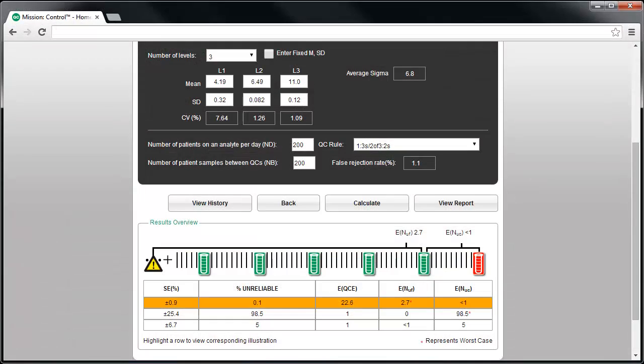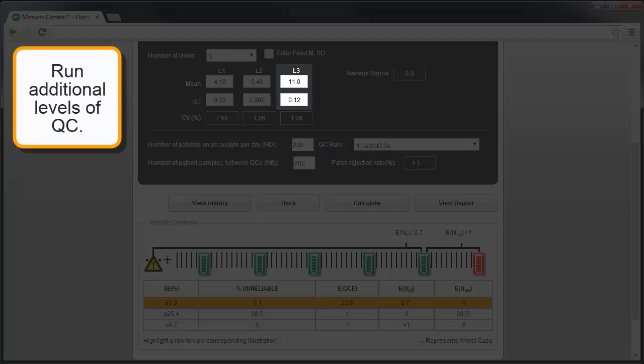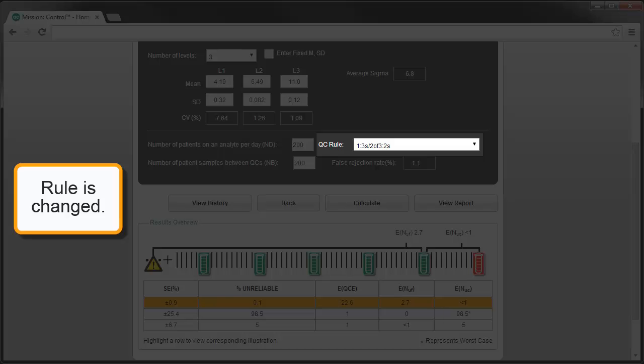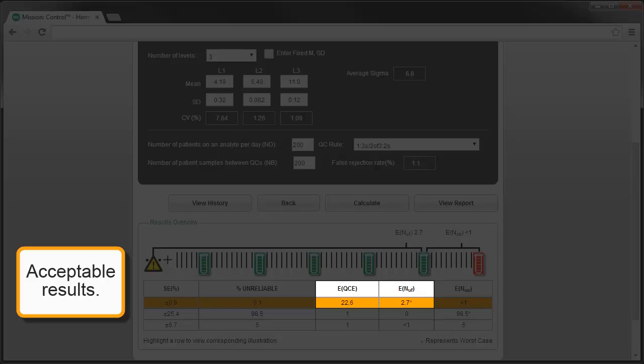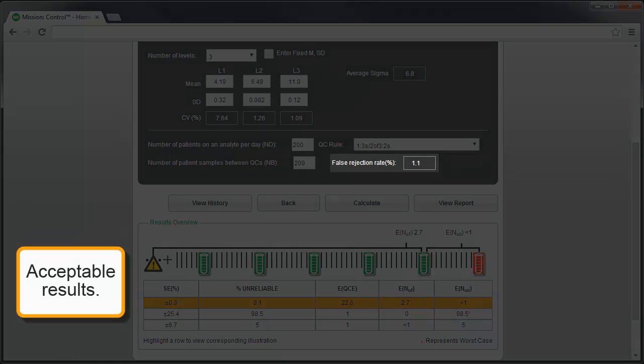Another consideration is to run a third level on QC. If the third level has a mean of 11.0 and a SD of 0.12, and the rule is changed to a multi-rule of 1-3s and 2 of 3-2s, we get an ENUF of 2.7, an EQCE of 22.6, and a FRR of 1.1.